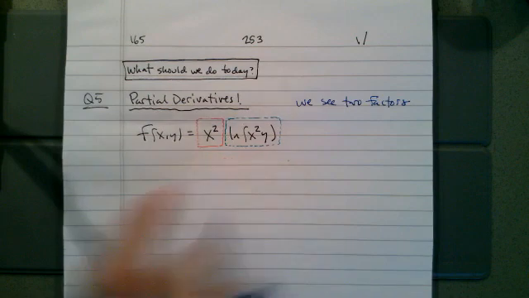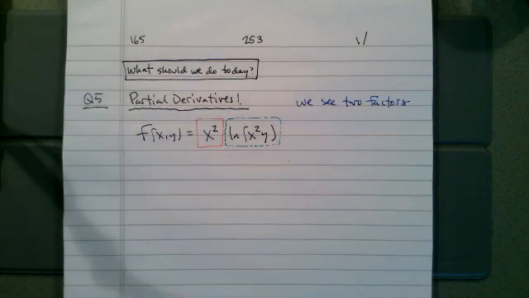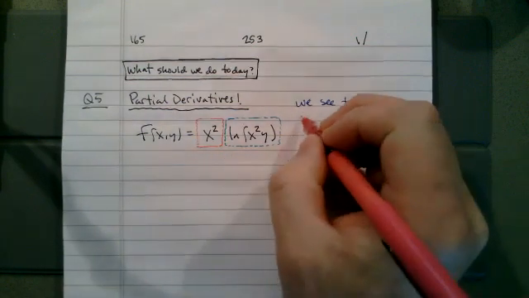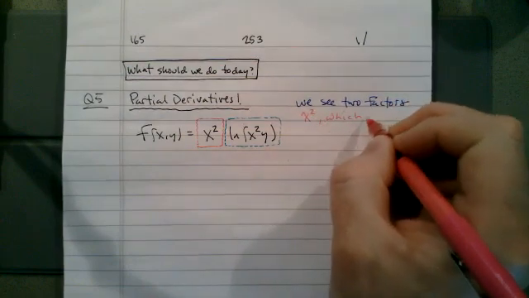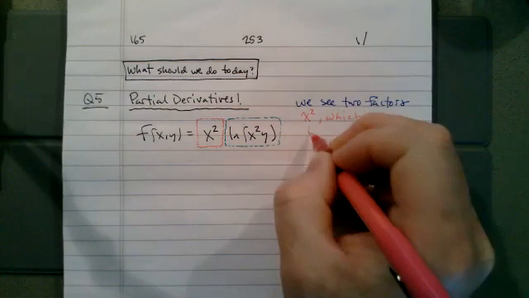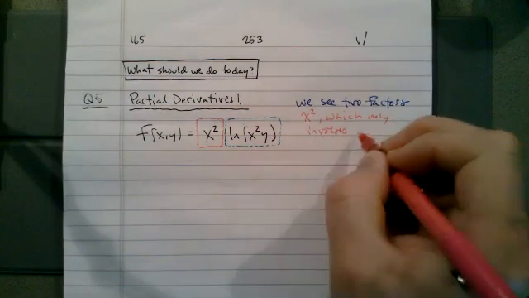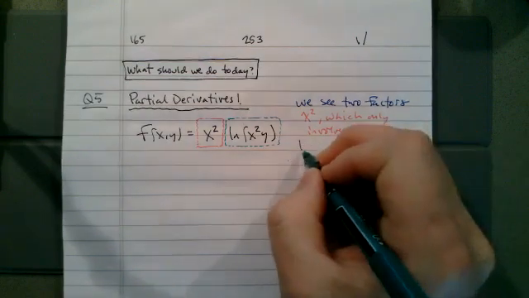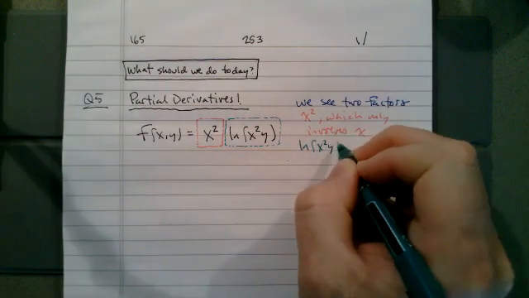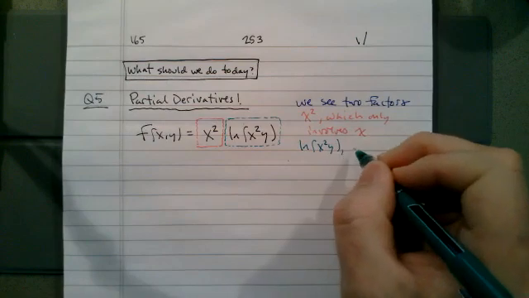But the x squared factor only involves x squared, which only has x. And the natural log of x squared y, which involves x and y.